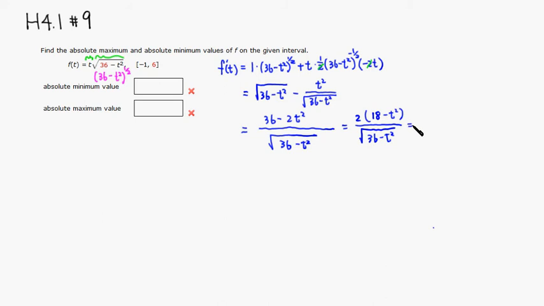Set that equal to 0. So we have critical numbers, t is equal to plus or minus the square root of 18.